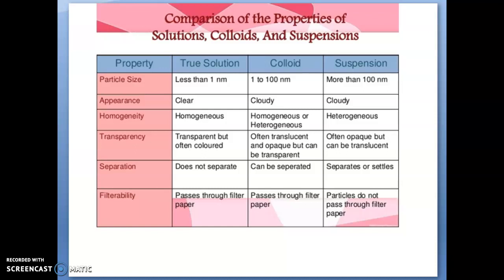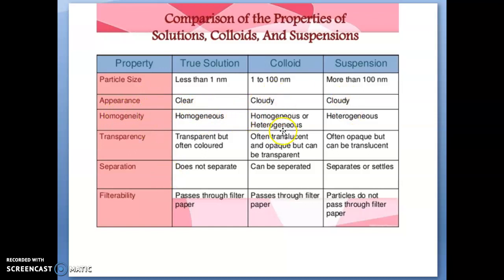Before going to the classification of colloidal systems, we can just look at the difference between true solution, colloidal solution and suspension. It is the difference in particle size and appearance. True solution is clear, colloid is cloudy, and suspension is also cloudy.